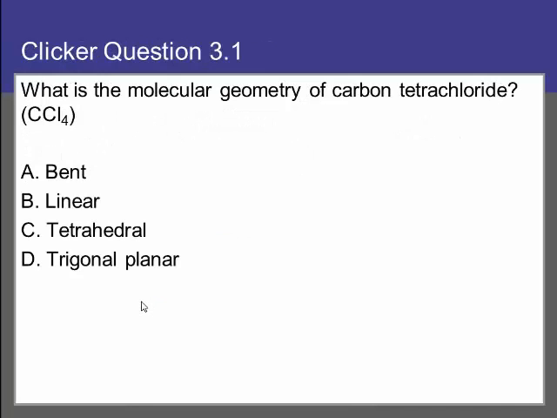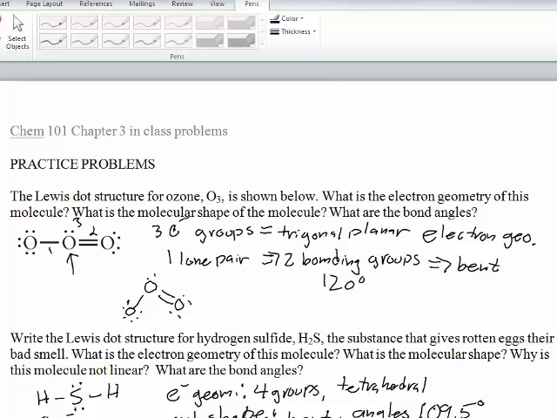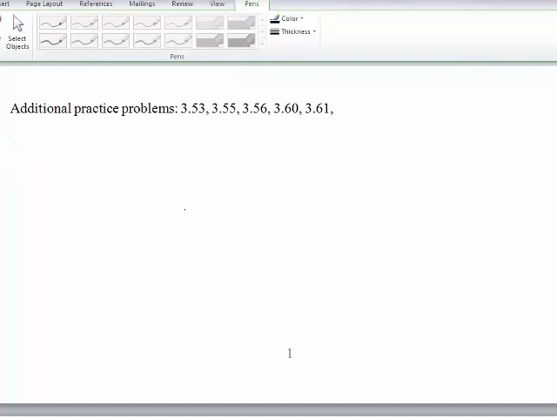Clicker question 3.1. What is the molecular geometry of carbon tetrachloride, CCl4? So if we want to draw, first we have to start with the proper Lewis structure of carbon tetrachloride. I think I have space right here.